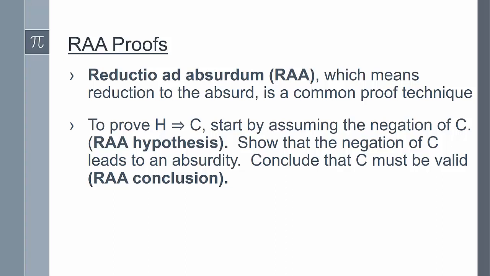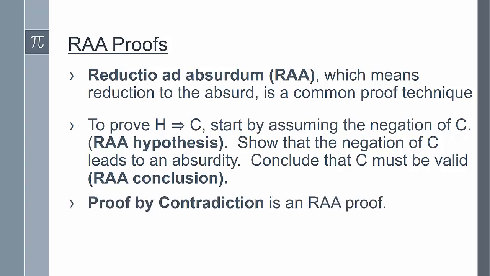So if our assumption that the negation of C was valid leads to an absurdity, then we can conclude that C actually must be valid. And so that's our RAA conclusion. You may have used a proof by contradiction in a previous class or in looking at proof techniques. Proof by contradiction is an example of an RAA proof where we assume the contrary to the conclusion C and then get a contradiction, which is the same thing as an absurd statement.